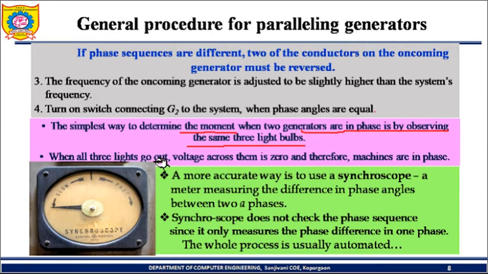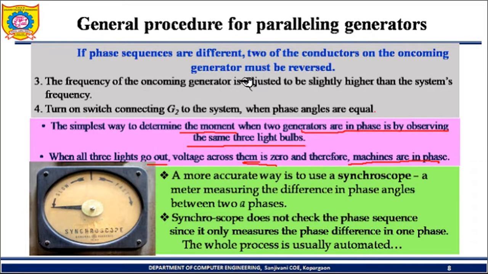When all 3 bulbs go out, meaning dim or not lighted, the voltage across them is 0, and therefore the machines are in phase. So you can close the switch to connect the incoming alternator with the running alternator.